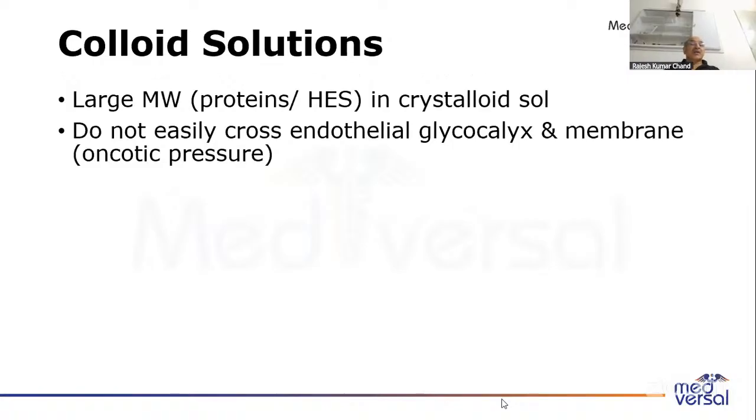Now coming to colloid solutions. They are large molecular weight proteins or hydroxyethyl starches in crystalloid solutions. They do not cross the endothelial glycocalyx and membrane easily, and that is why they increase oncotic pressure.